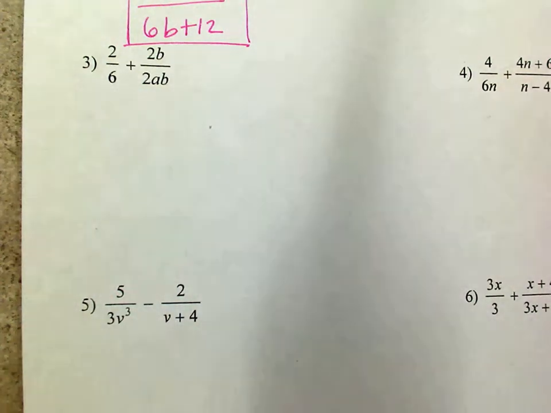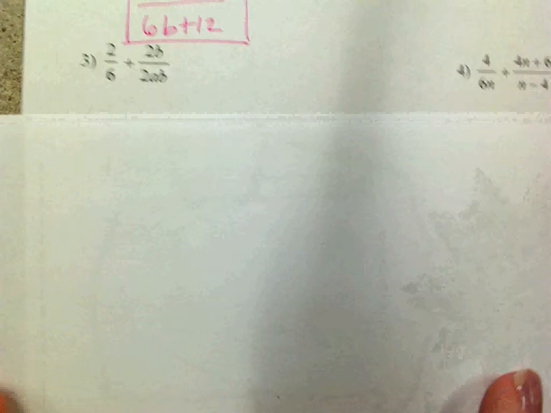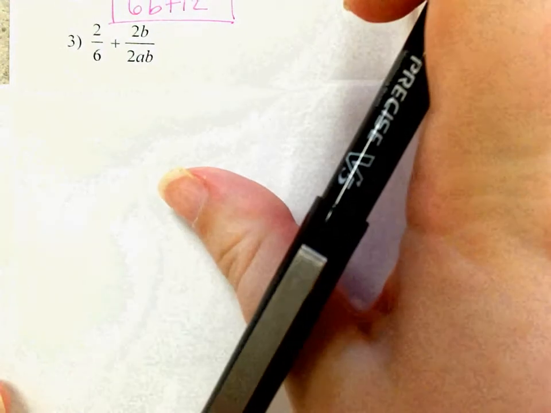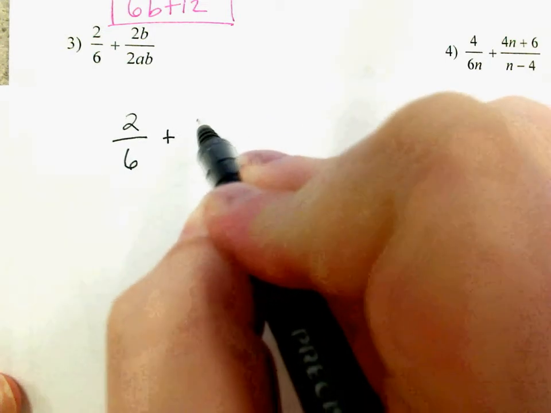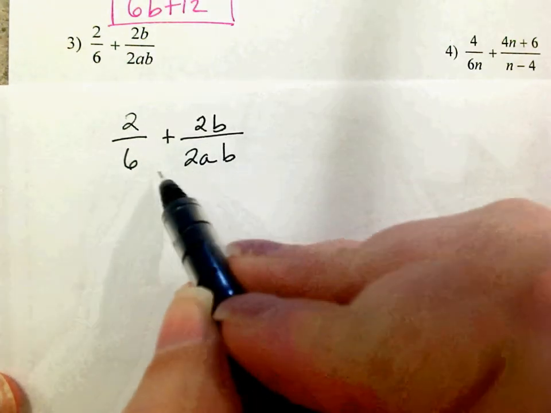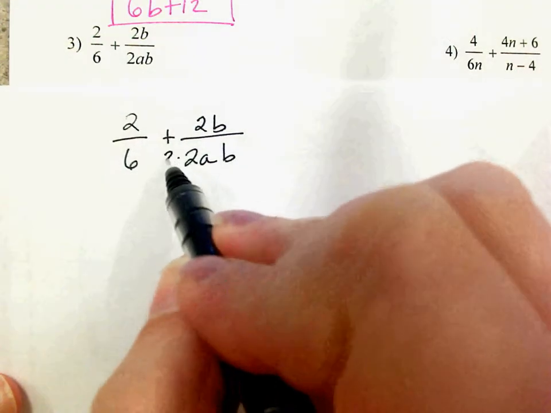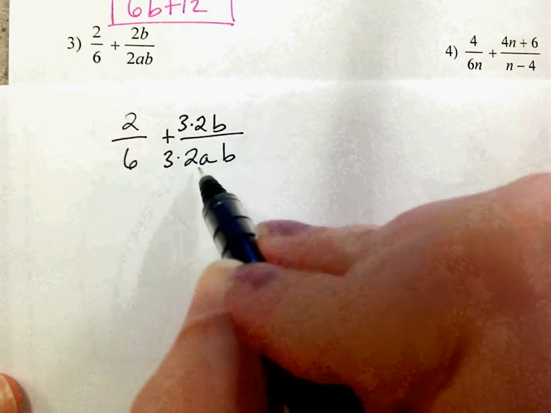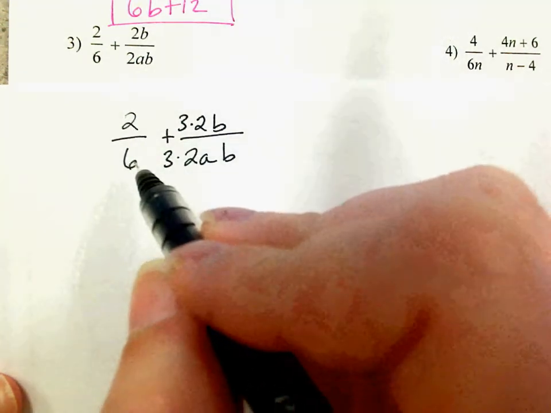So if I've got 2 over 6 plus 2b over 2ab, the common denominator between 2 and 6 is just 6, right? So all I need on this side is a 3. But I now have a 6ab. Do I have a 6ab on this side? I got to multiply by a and a b, right?